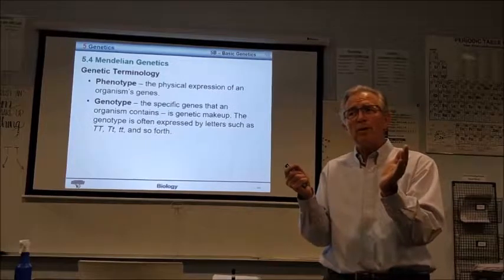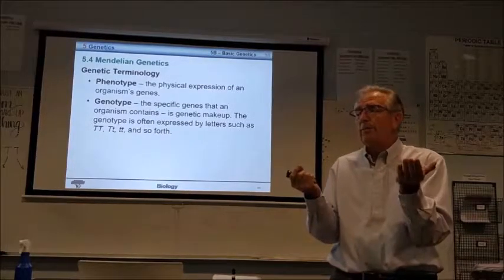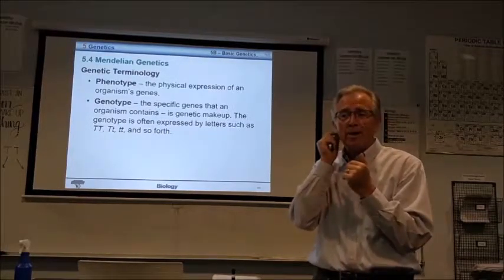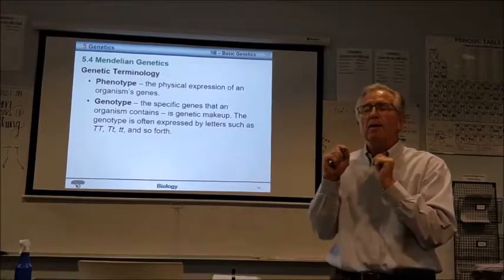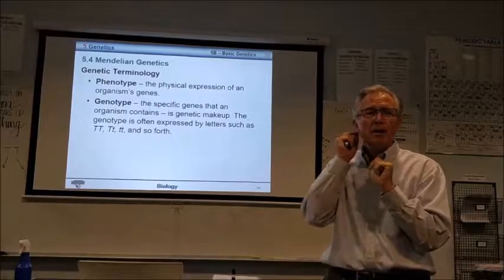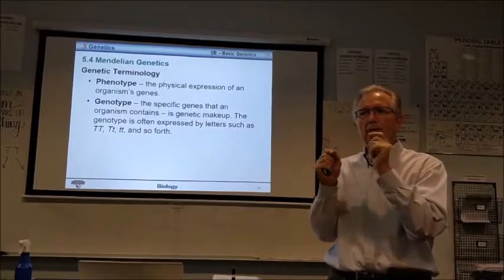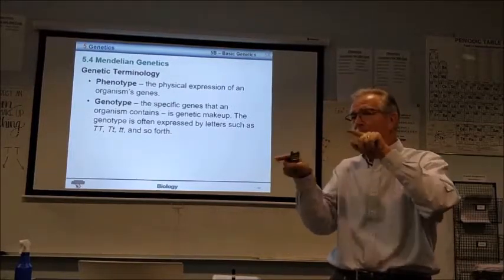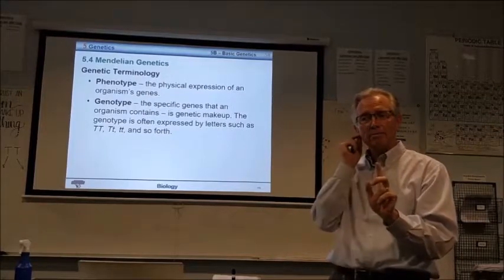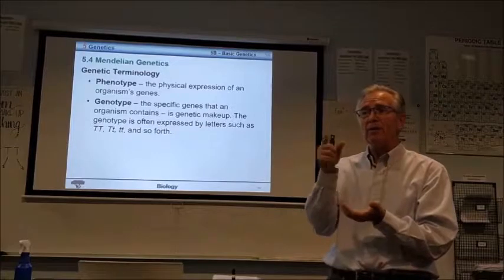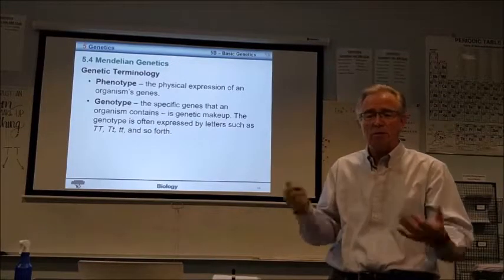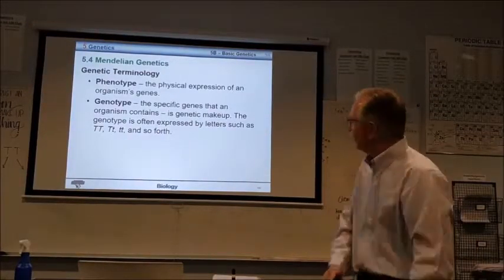Do we know what the other one is? If that parent has attached earlobes, then we know it's both lowercase, right? If it's unattached, then they have one of each, right? Otherwise there's no way that could have happened.